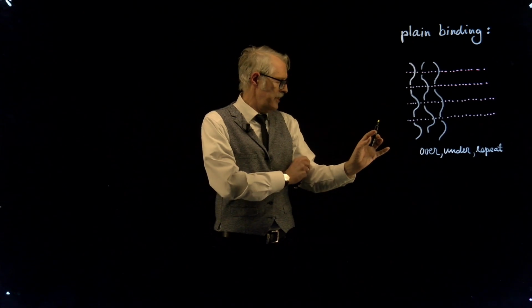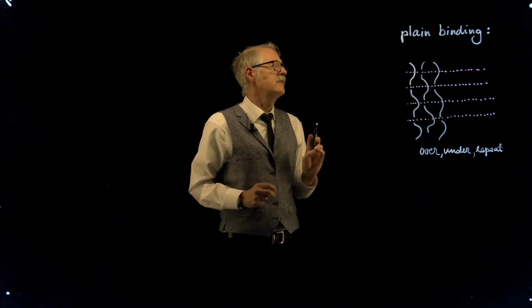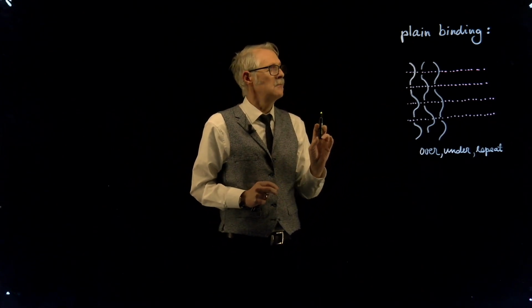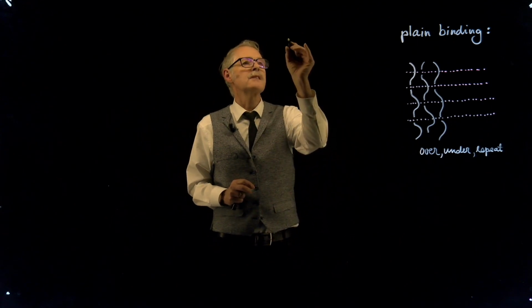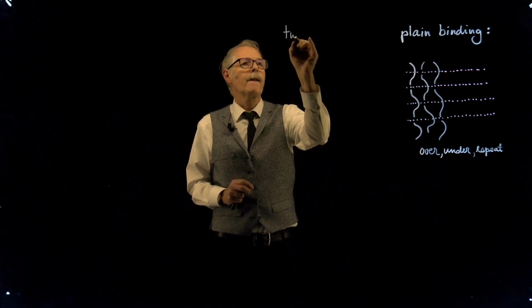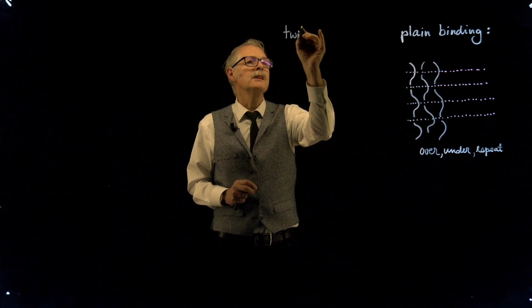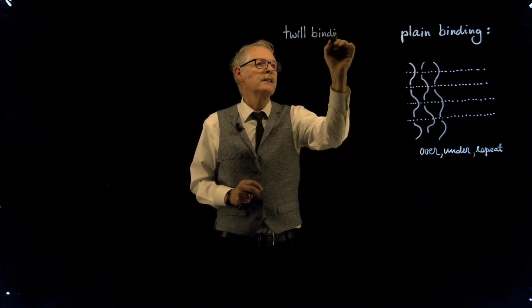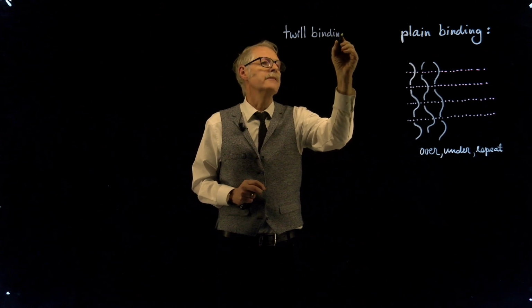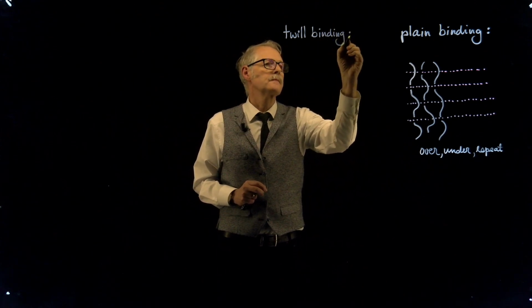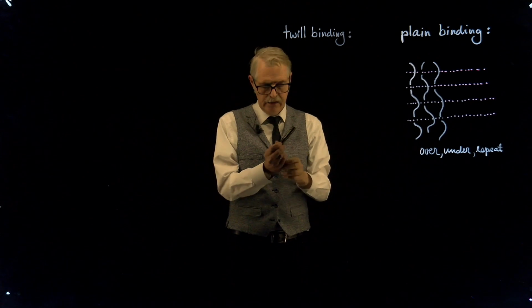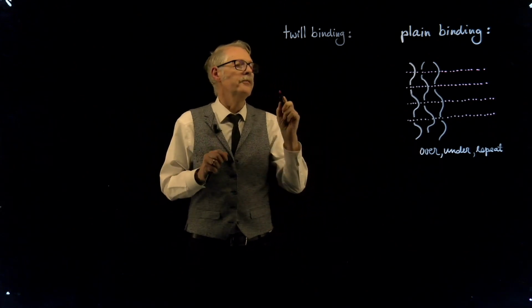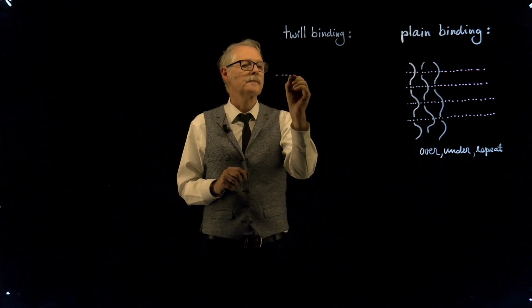This is like my shirt would be poplin. It's the most used binding, but twill bindings are more sophisticated. In Dutch we call them keperbinding. And that's the idea of going two over, two under. So first let me try and draw the location of a few of the wefts.